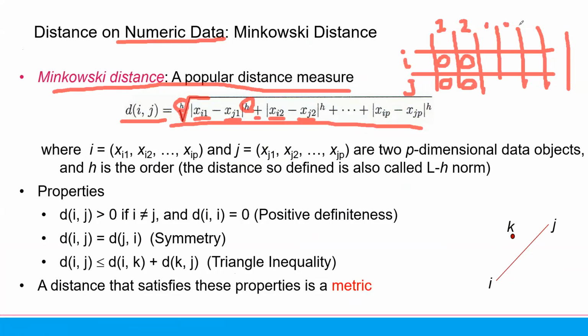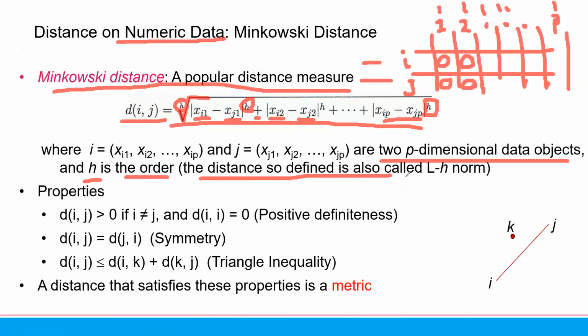And so on until the column P, and we still use the exponent h. So we have p-dimensional data objects. It means we have 2 rows and we have 1, 2, 3 until p dimensions. And h is the order. So the distance so defined is called the L h norm.